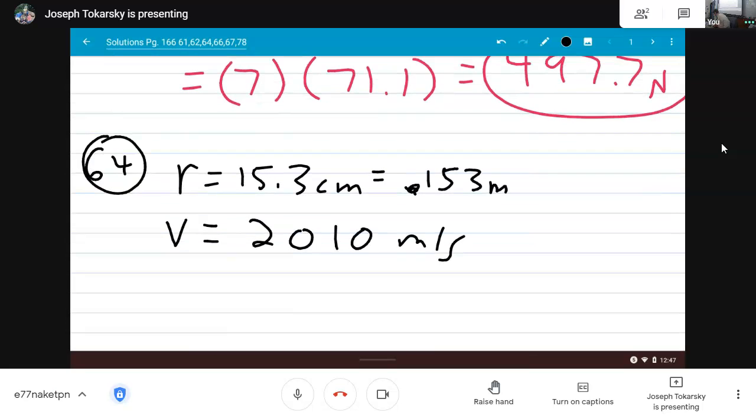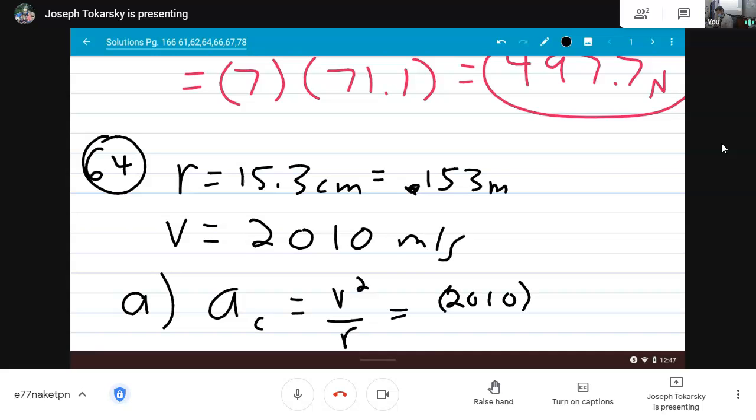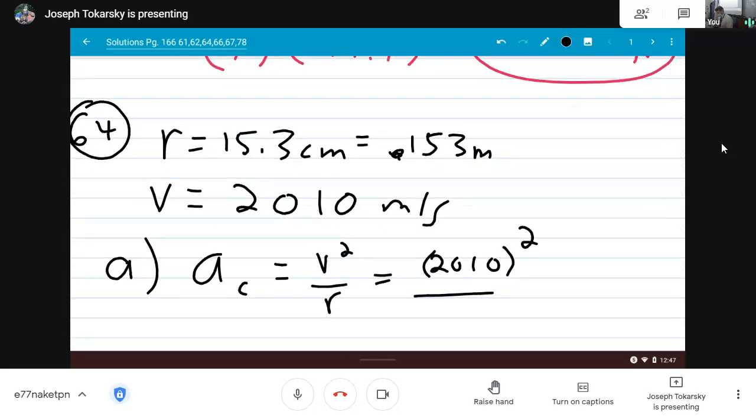All right. So A, what's the centripetal acceleration? So this one, we just use the other formula that we should know of by now. V squared over R should be pretty simple. But here's where we get real big, because 2010 squared is going to be a real big number divided by that radius, which is a small radius compared to that big number.